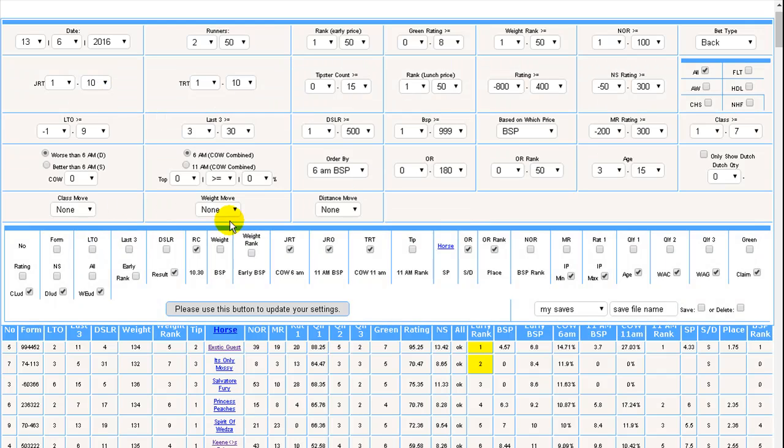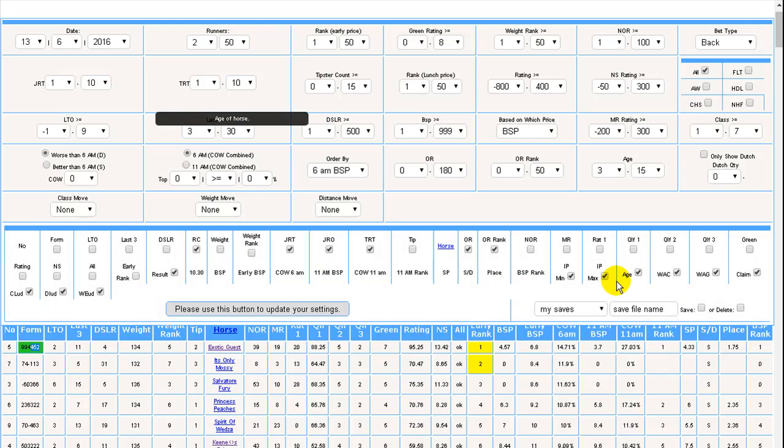And there's all sorts of information, like form, last time out. Last 3 is something I came up with, adding the last 3 races together. Days since last run, weight rank, number of tips, number of runners, Malcolm's rating MR, and then there are all these other ratings, the green rating and our main rating, and another little rating there.